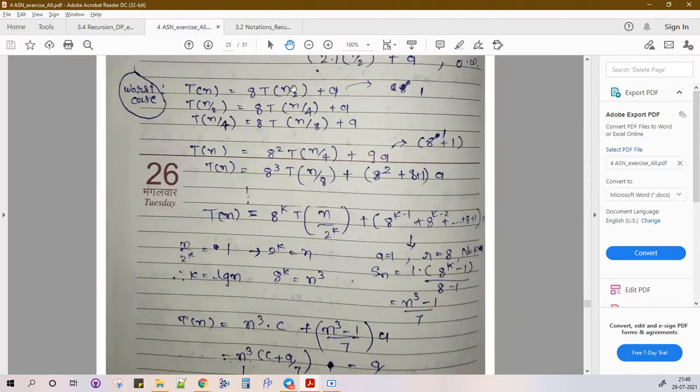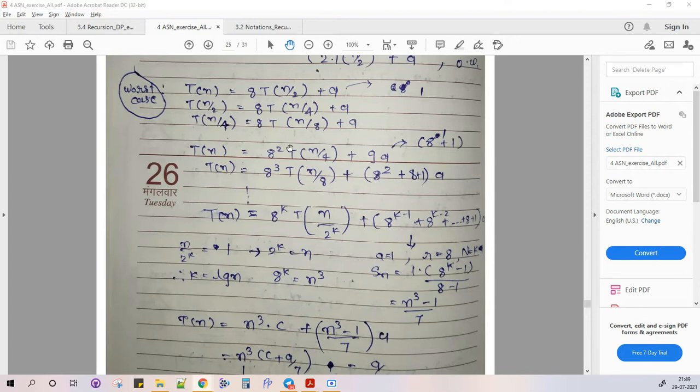So I am doing 8 times T(n/2). Now, if I take the second recursive call, it comes out something like this: 8 squared T(n/4) plus 9a. So how can you decode this? At the second iteration I am having 9a, so you can decode it as 8 plus 1, 8 to the power 1 plus 1, right?